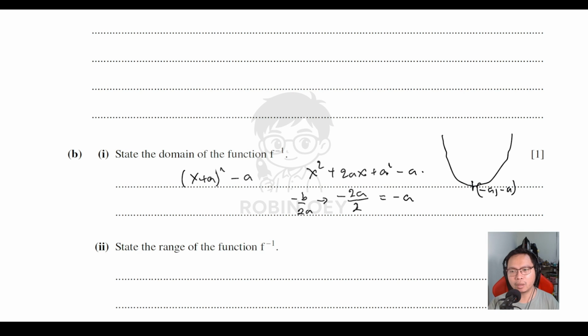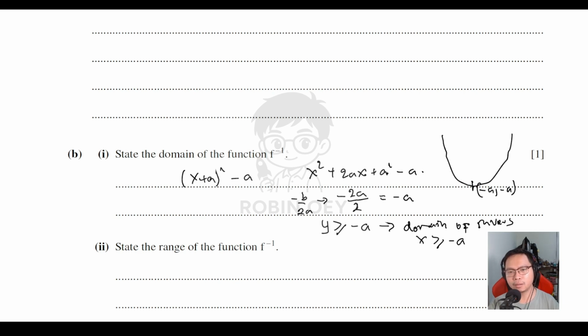So if we see here, the curve is always above negative a as y coordinates. We can assume that the range of the main function would be greater than or equal to negative a. The range of the main function becomes the domain of the inverse, so the domain would be x greater than or equal to negative a.